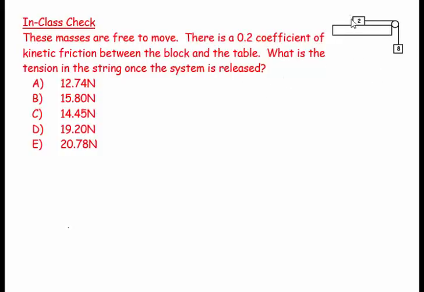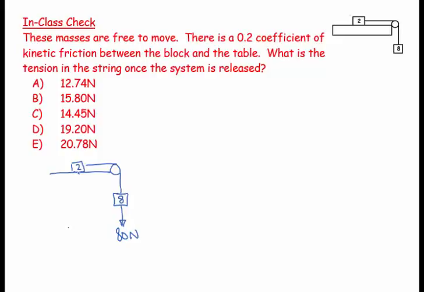Okay, let's look at this a little bit more. I'm going to draw a slightly better version of this. So basically, I'll do it down here. We're going to have the block going around a pulley. This is going to be 8, which means we're going to have a weight down here of 80 newtons.